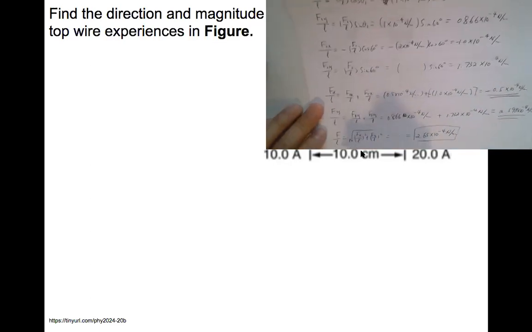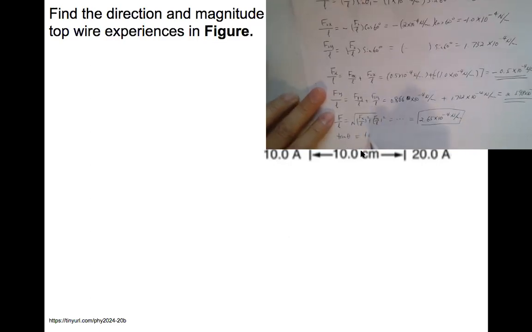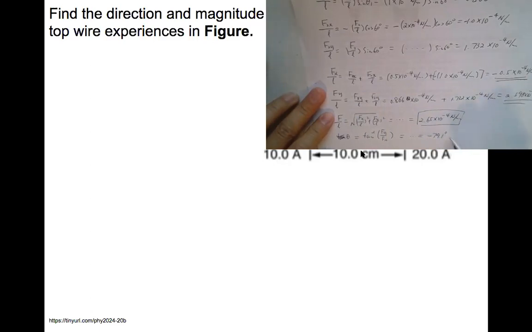Direction angle, because we are looking for magnitude as well as direction: theta equals tangent inverse of Fy divided by Fx. When you plug in the numbers, it gives you minus 79.1 degrees. But our x component is less than 0, so we want to add 180 degrees. Because of that, it is 100.9 degrees.